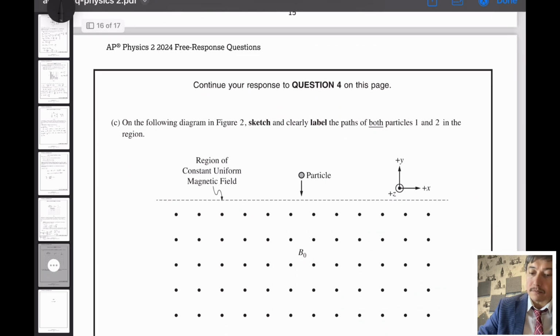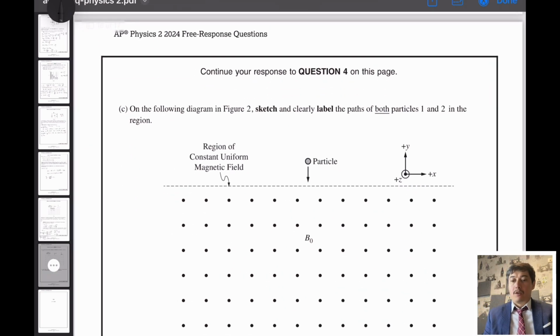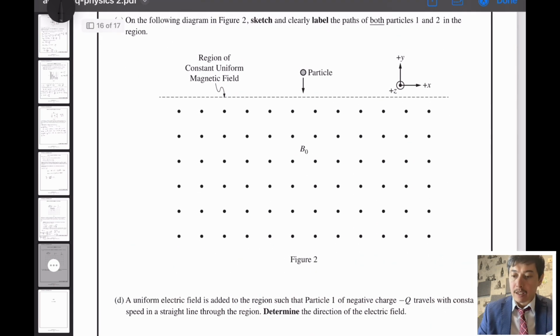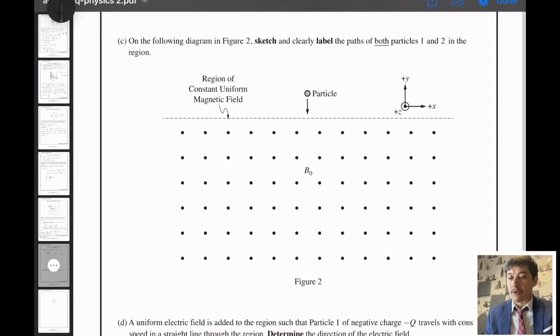Okay. Part C. On the following diagram in figure 2, sketch and clearly label the paths of both particles 1 and 2 in the region. Well, we have to compare delta x1 to delta x2 because particles 1 and 2 have different signs, different masses and different charges.